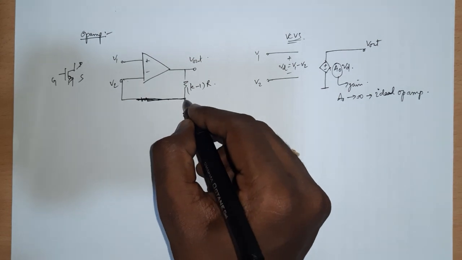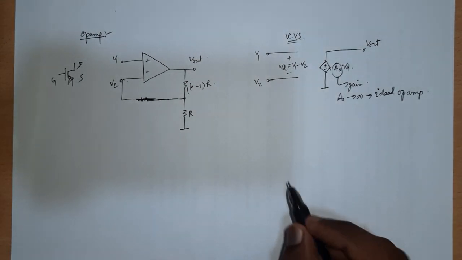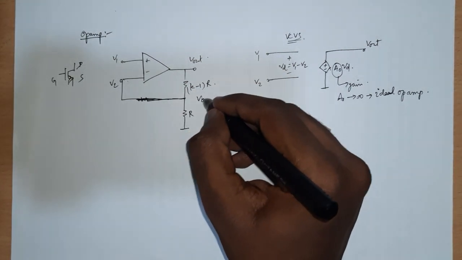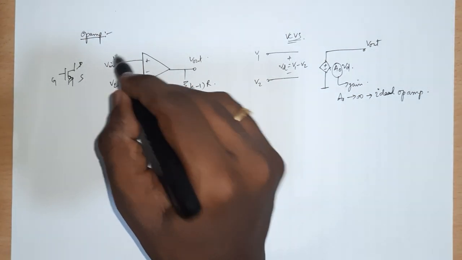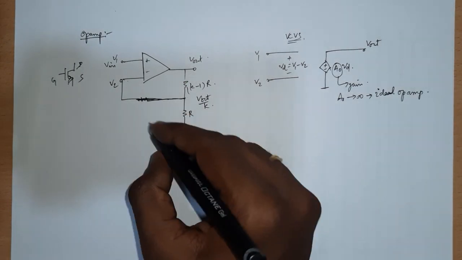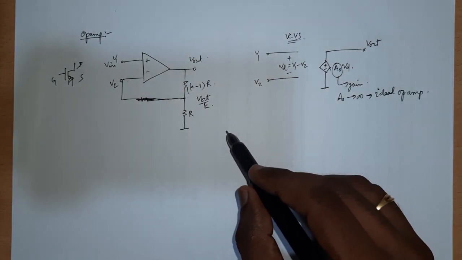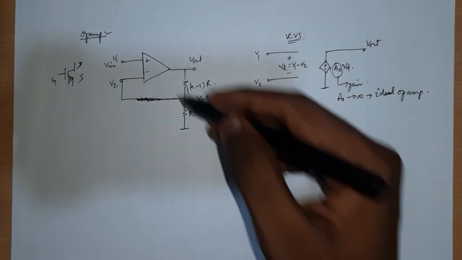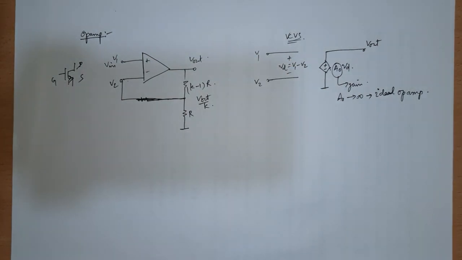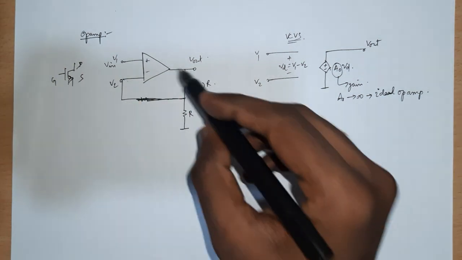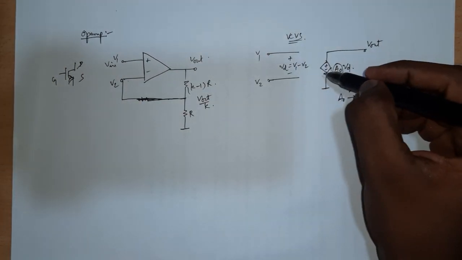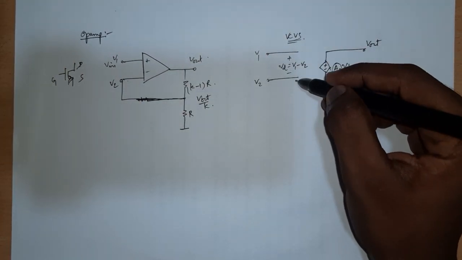Even if it is there, it doesn't matter. Then this voltage will be V out by K, and if you give some V in here, you will equate V in equal to V out by K, and you will say this amplifier has a gain of K. That is how you will analyze this op-amp circuit, or rather the ideal op-amp circuit. So basically what it does is it amplifies the difference between these two inputs.